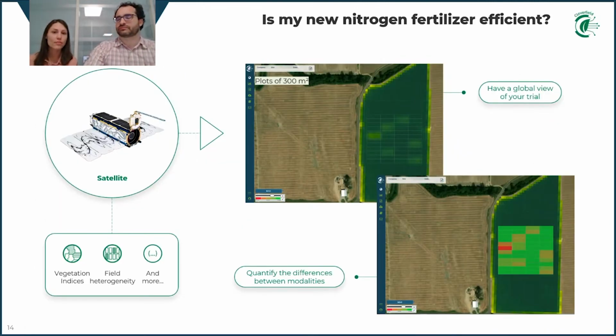So for example, if you have a large field with plots of about 300 square meters, thanks to satellite data, you can know how efficient your nitrogen fertilizer is. In the first place, you can have a global view of your trial, but you can also see the differences between modalities and quantify them.